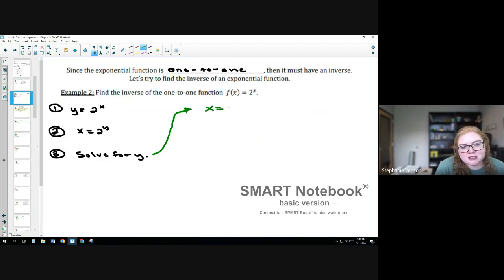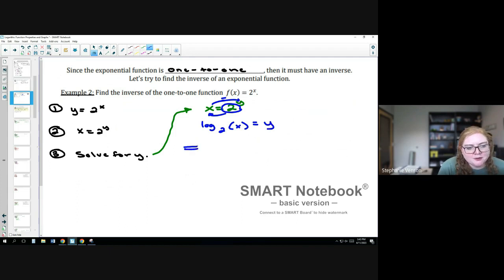So we have x equals 2 to the y, and we know that that can be rewritten as a logarithm. So we know when we want to rewrite something as a logarithm, we start with the base. Okay, so that would be, oops, sorry, I forgot the log. That's helpful. It would be log base 2 of x is equal to y.